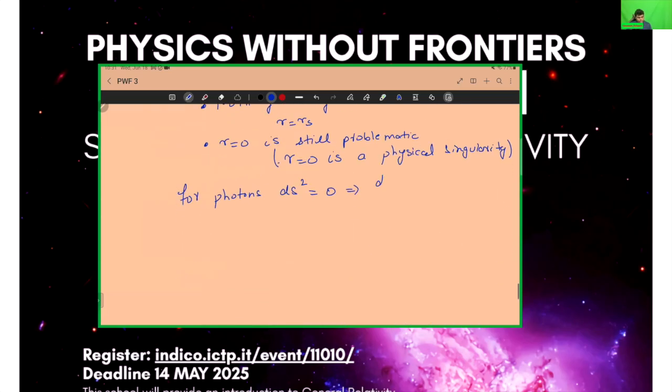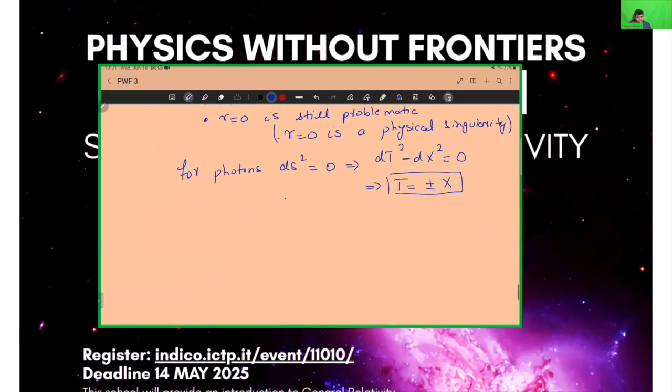So it means that dt squared minus dx squared is 0 for photons, which means that t equals x or minus x for photons. And if you plot this on a tx axis, that gives you these lines, which means that the light cone is at 45 degrees, and that's what we wanted, right?